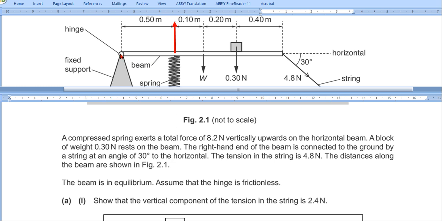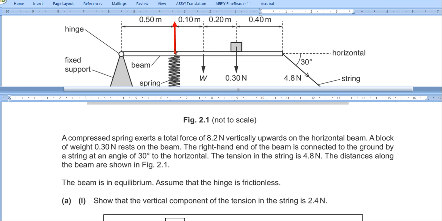So here we have the pivot, the hinge, so the beam can rotate about this pivot, and we have some forces producing clockwise moment. It is the weight of the beam, block weight, and the component of the tension that is vertical.